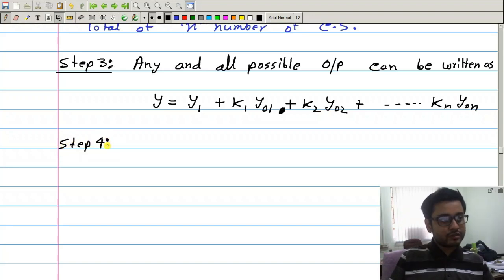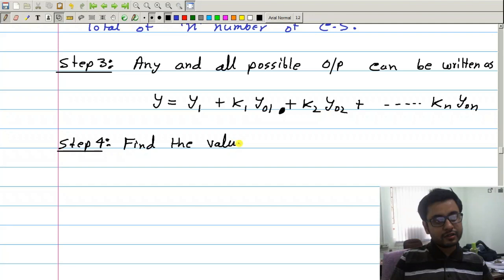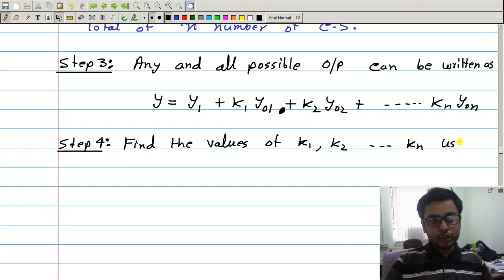step 4, find the values of k1, k2, kn using boundary conditions.